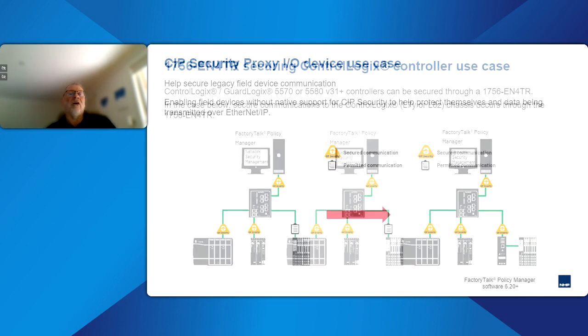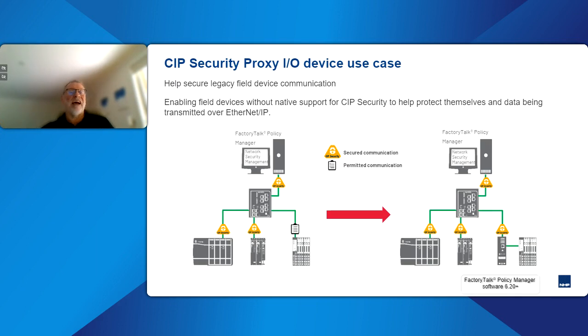Okay, so this one here is where we start getting interesting. I really want to have security to this Point IO. It's a legacy IO, it hasn't got enough CPU or horsepower to do CIP security. What we can do is put a device called a CIP security proxy, which is a bit like an ETAP. It's a 3-port switch device. It has the DLRs out the bottom. In this case, we're only using one up the switch, but it supports a DLR at a gig, and it also has a gig connection to a device.